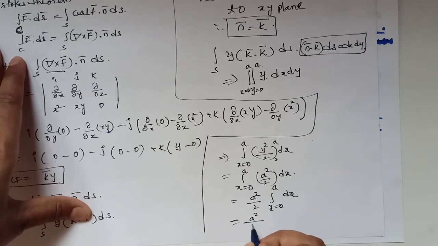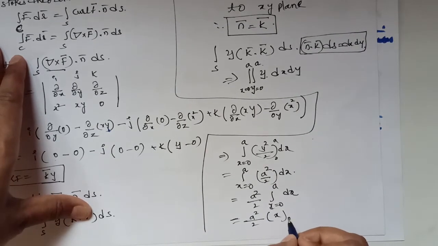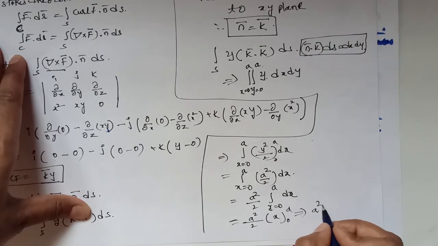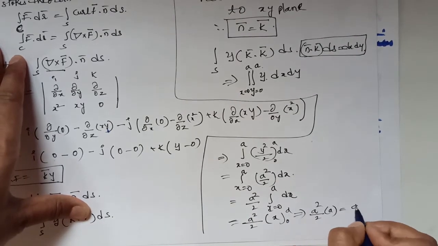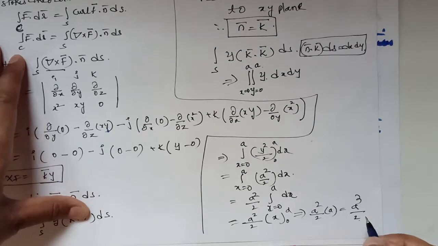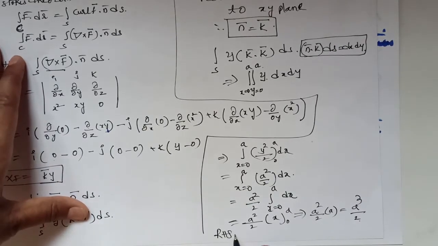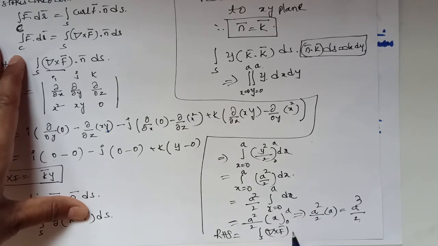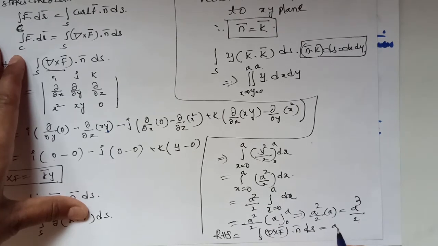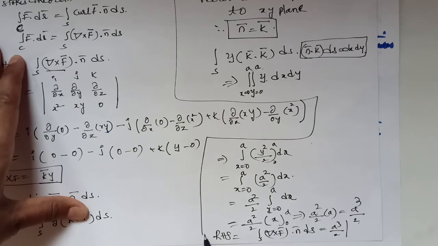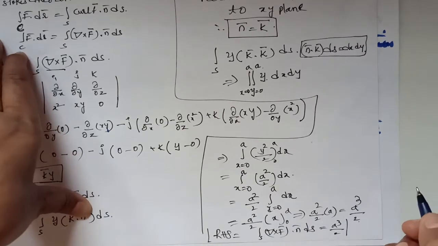So a square by 2 into integral dx is x from 0 to a, which implies a square by 2 into a. Therefore, a cube by 2 is the RHS value. RHS, that is surface integral del cross f bar dot n bar ds, is equal to a cube by 2. We got the RHS value as a cube by 2.